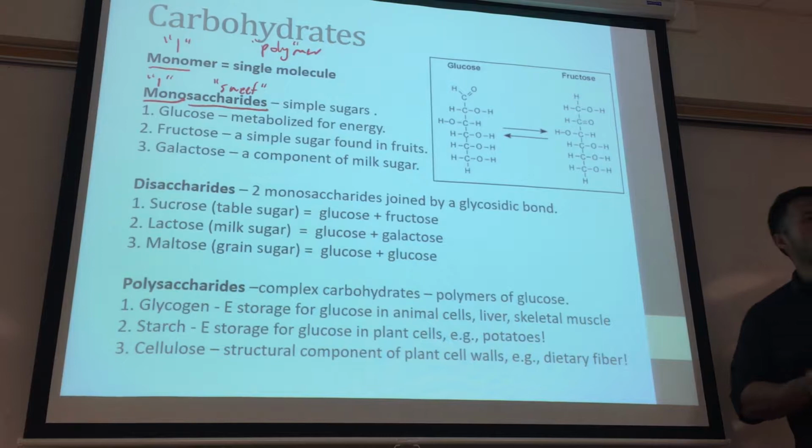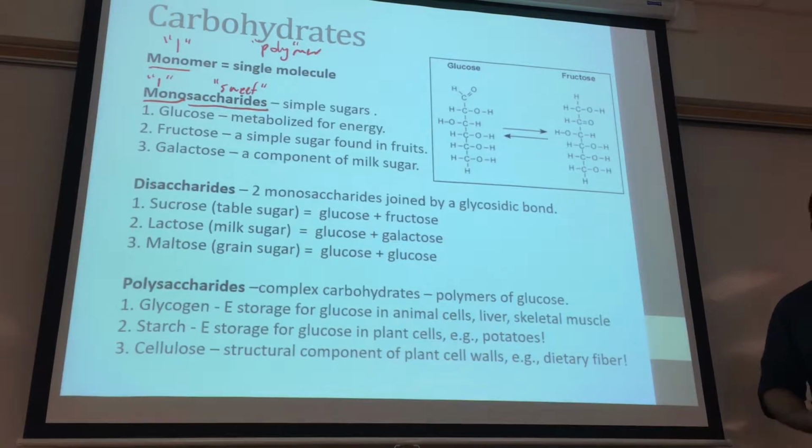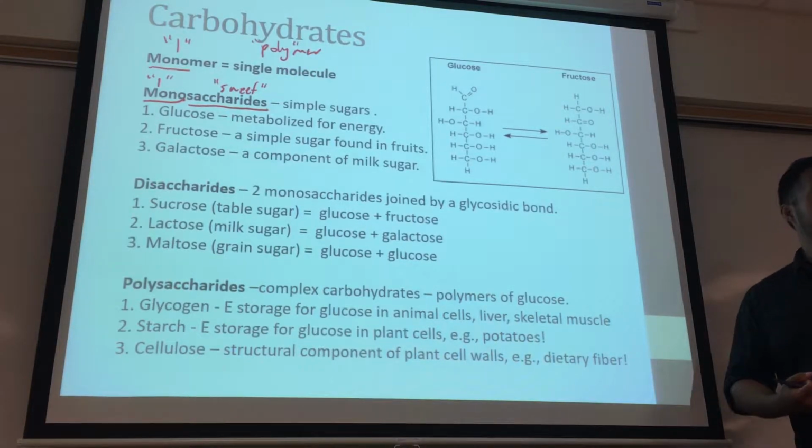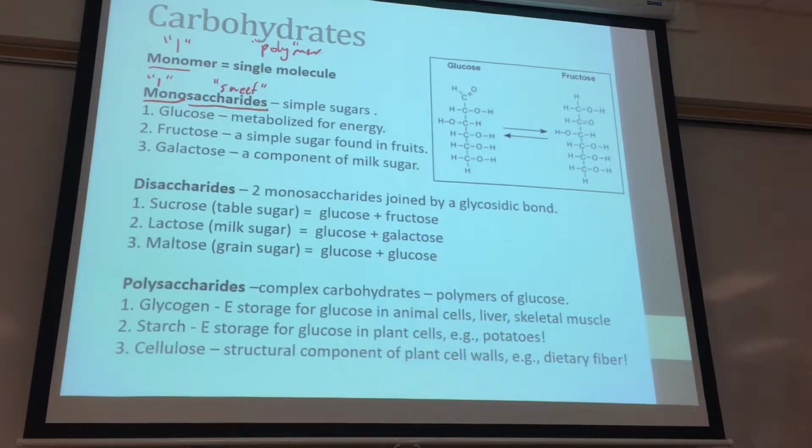Hence, we use high fructose corn syrup as a sugar substitute because you can get a lot more bang for your buck. You can use less of it and it tastes as sweet, but it's still not good for you. Galactose is the other component in milk sugar that we won't really talk too much about, but it's that 3rd monosaccharide.